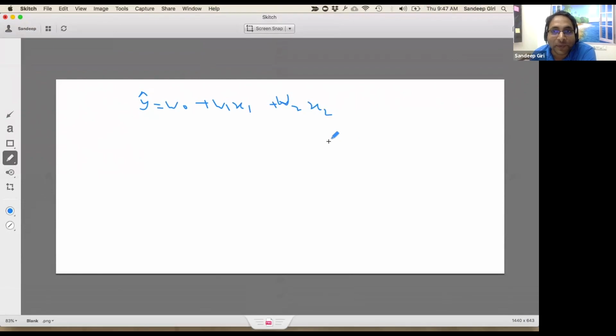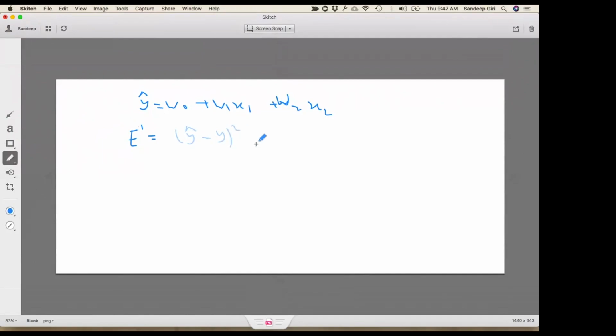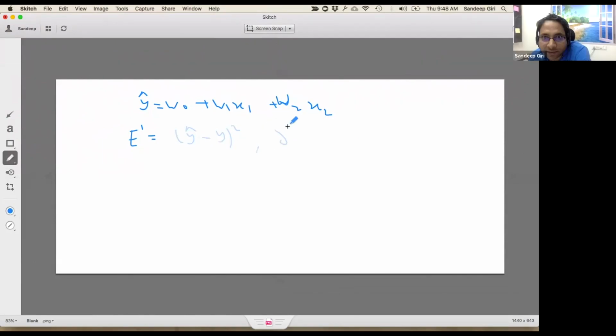Okay, now here you see this. Now, what will be the rate of change? Let me put it this way. When we are saying error, we're talking about error with respect to the first record. The error with respect to the first record will be whatever is the y predicted minus the y actual, squared. Now, the question to you is, what is the rate of change of E with respect to W naught?